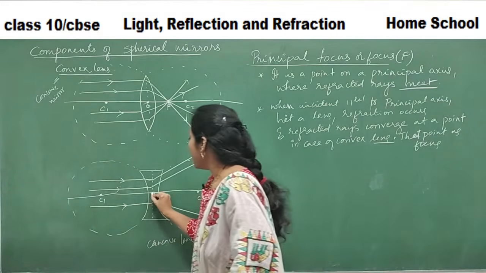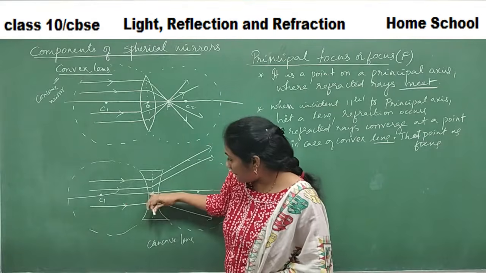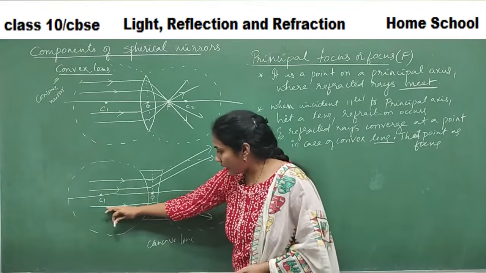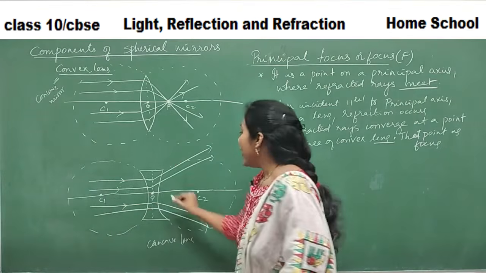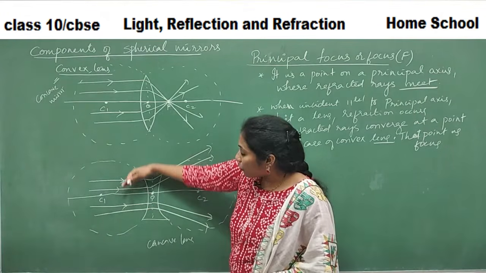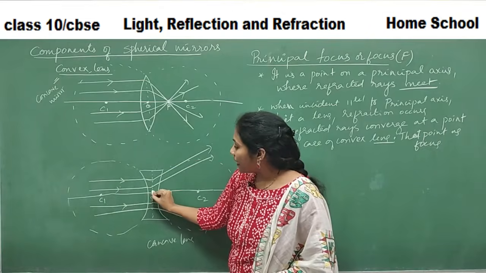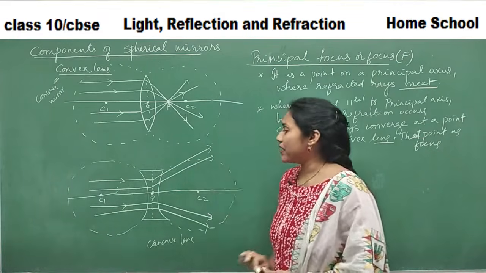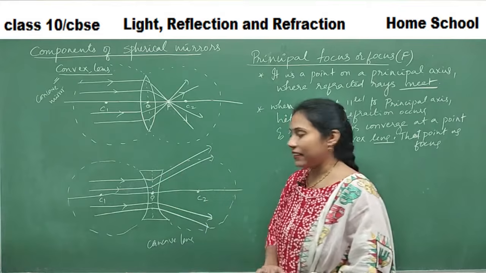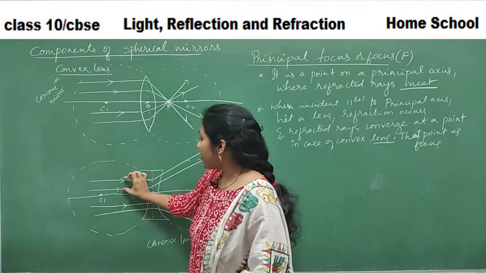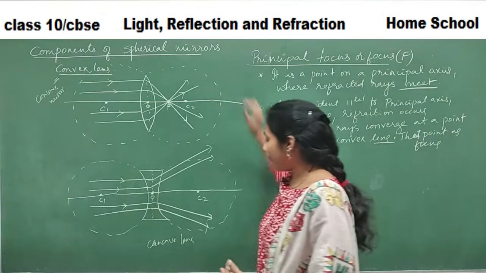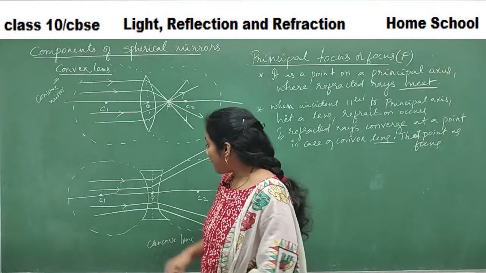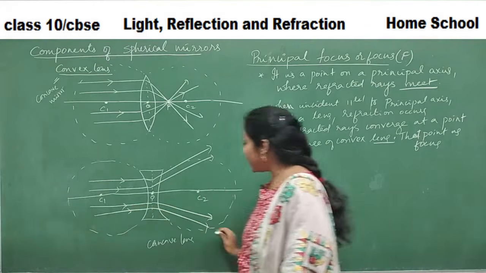See, the rays below the optical center are all bending downwards, and all the rays above the optical center are bending upwards. You can observe that very clearly here, right? These rays are above the optical center, they are bending upwards. These rays are below the optical center, they are bending downwards.